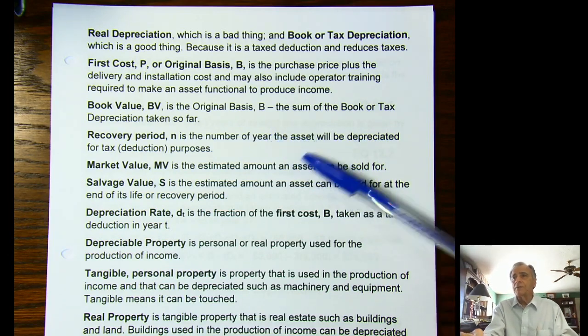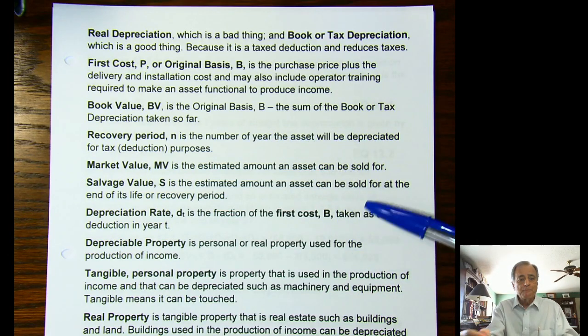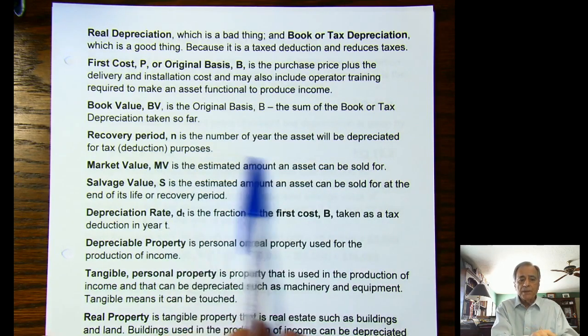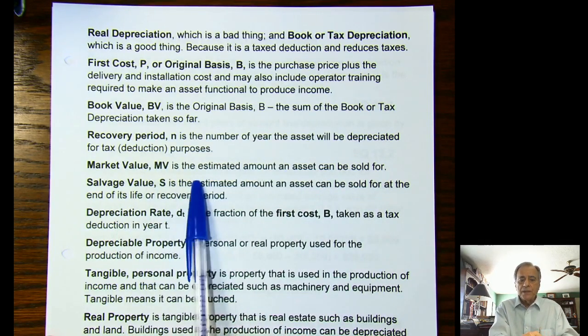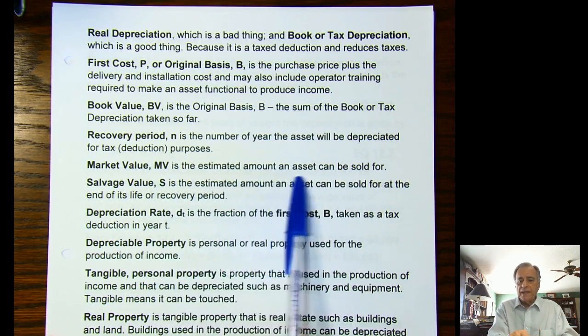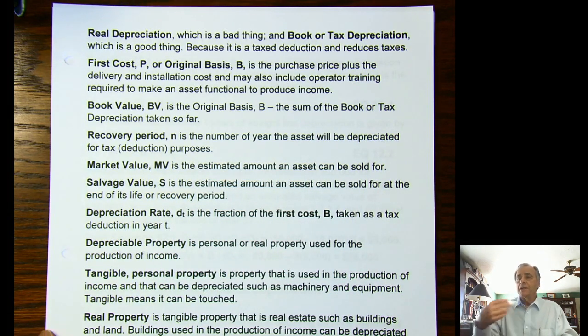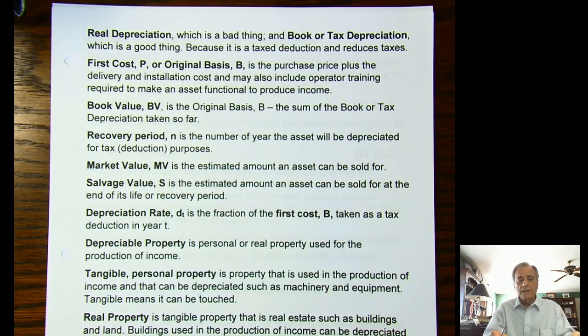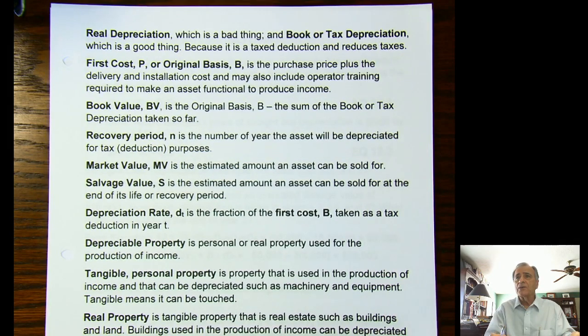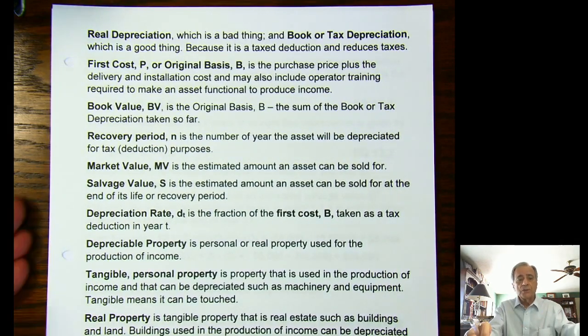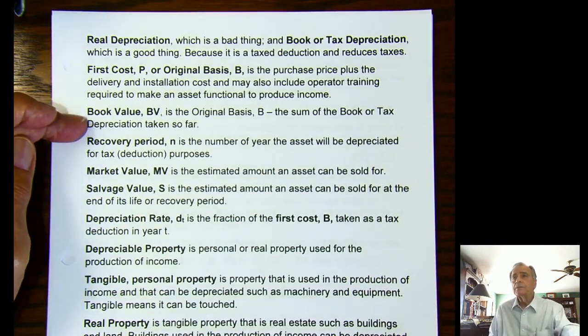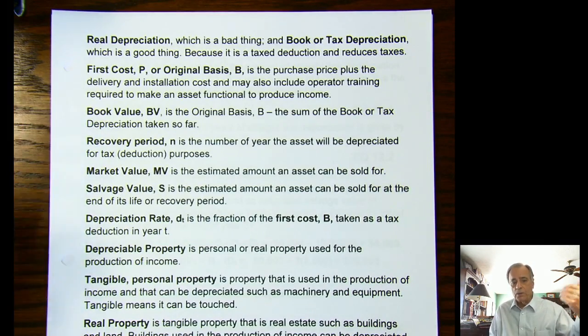You got a lot of tax deductions early on. The recovery period, the market value, is the estimated amount an asset can be sold for. Okay, at any point in time, its market value. We dealt with this in previous chapters, and sometimes that market value has really nothing to do with its book value or with how much has been depreciated so far.